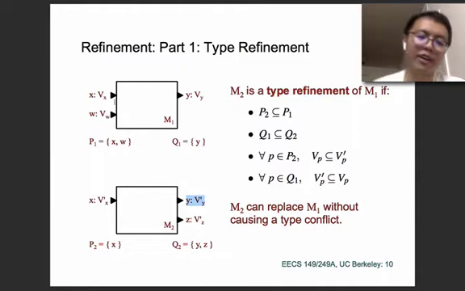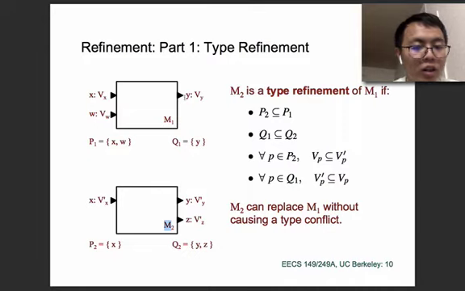And also you may find that M1 has two input ports, but M2 only has one input port. And also M1 just has one output port, and M2 has two. The number of ports is different, but it's harmonious because we can ignore the extra input and the extra output that M2 will produce. So the refinement can have more outputs and fewer inputs.